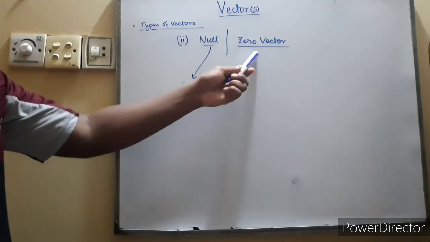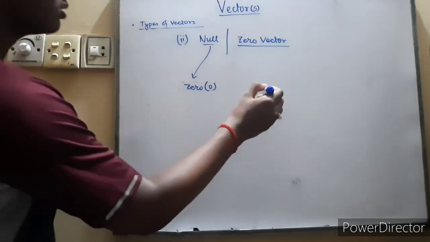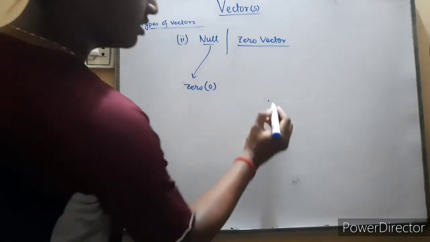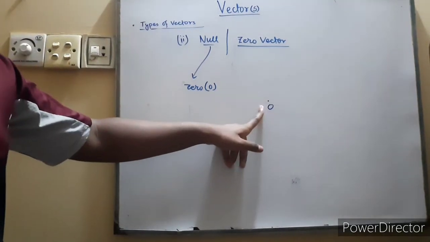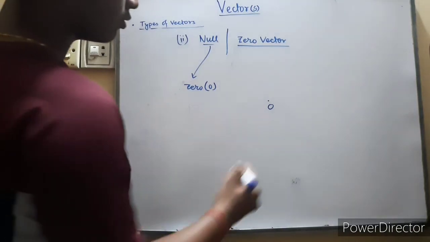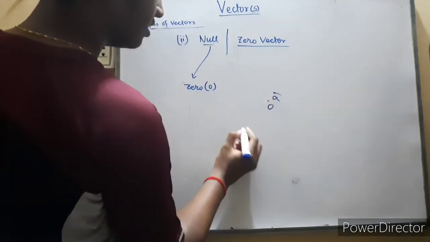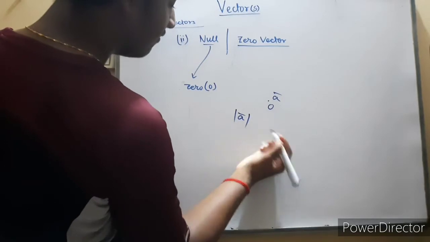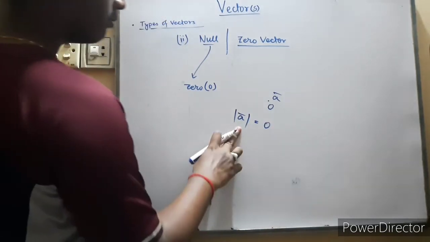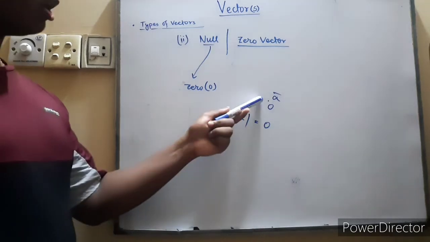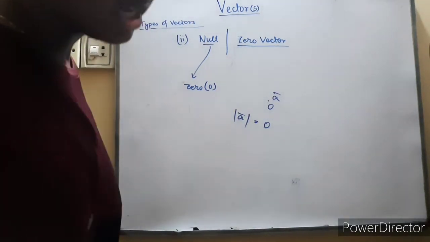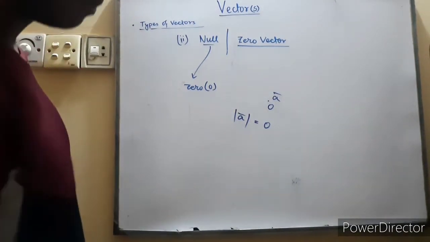Similarly, a vector with zero magnitude is called a zero vector. So this is a zero vector. This is a point. The magnitude is equal to 0. Suppose this is a vector. So when the magnitude is equal to 0, then it is called a null vector, a zero vector or a null vector.